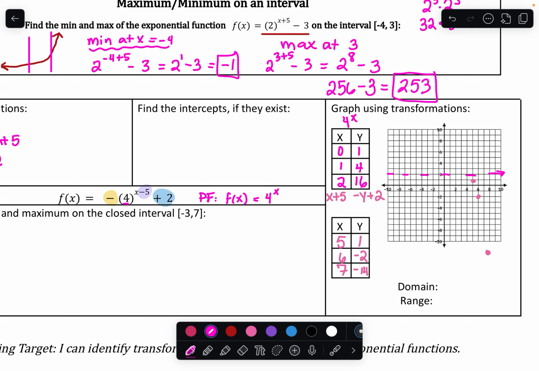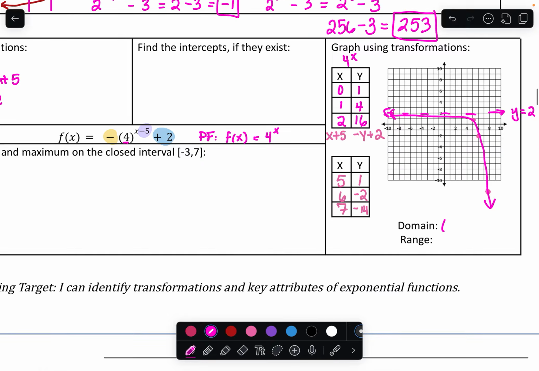So we have a horizontal asymptote at y equals 2, and the function is going to level off towards that horizontal asymptote. The domain of all exponential functions is all real numbers, and the range is determined by that horizontal asymptote. I can see that on this curve, it's going to be all of the y values that are less than 2.